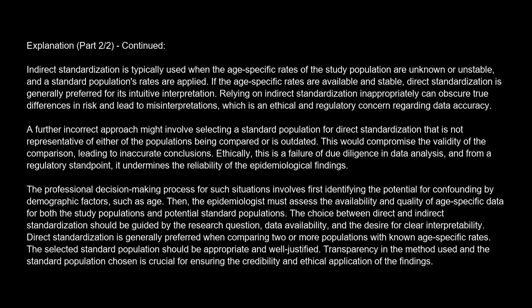The choice between direct and indirect standardization should be guided by the research question, data availability, and the desire for clear interpretability. Direct standardization is generally preferred when comparing two or more populations with known age-specific rates. The selected standard population should be appropriate and well justified. Transparency in the method used and the standard population chosen is crucial for ensuring the credibility and ethical application of the findings.